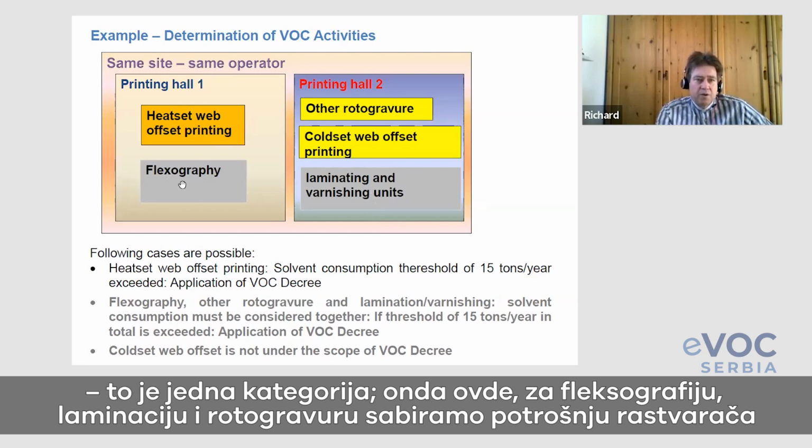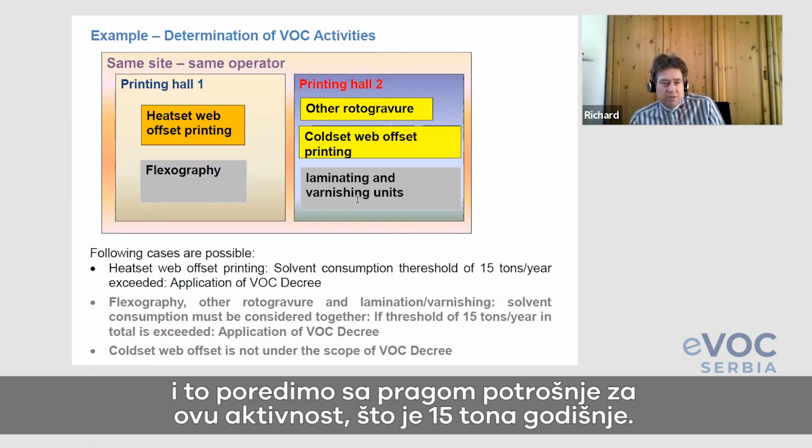So here for flexography, laminating, and other rotogravure, we must add all the solvent consumptions and compare with the threshold for this category. That means with the 15 tons per year.